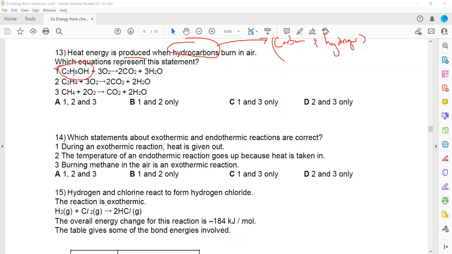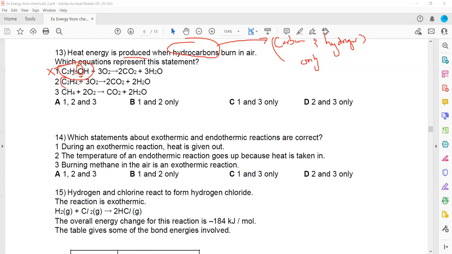Is it a hydrocarbon? Yes or no? It is not a hydrocarbon, because the term hydrocarbon means it contains carbon and hydrogen only. But when you check C2H5OH, oxygen is also present. So the first one is not a hydrocarbon.